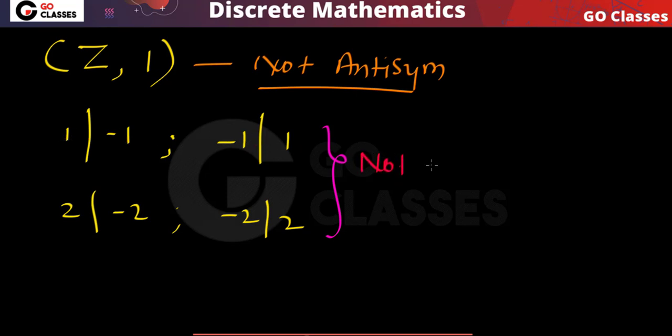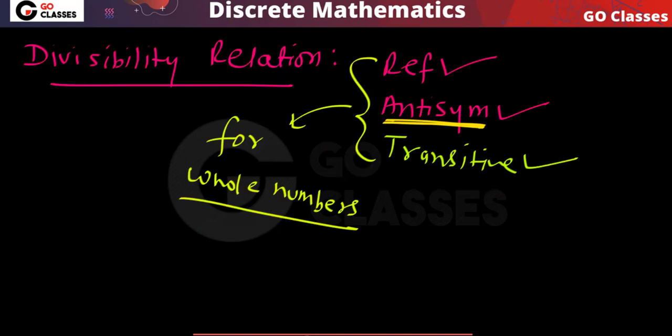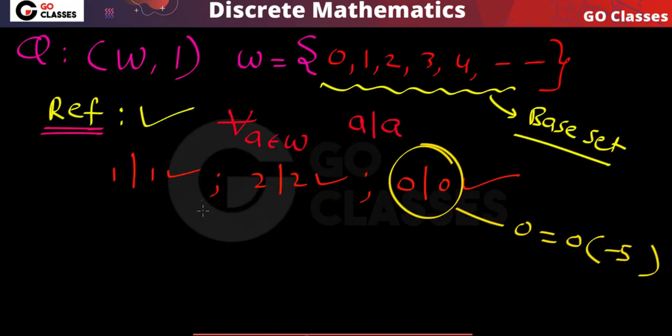So take care when this type of base set is given. Now, for the set of whole numbers, yes, this is reflexive, antisymmetric, and transitive also.